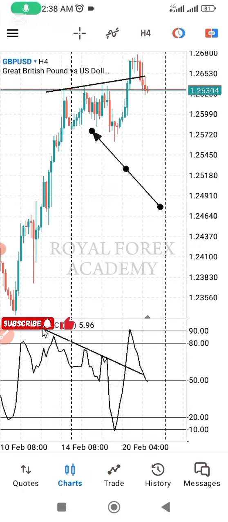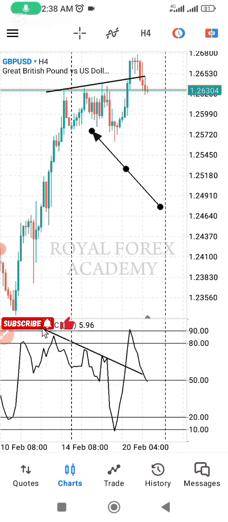So we'll be using our divergence on a particular time frame. What is this time frame? With our strategy, we make our entry either on a 1 hour time frame, 30-minute time frame, 15-minute time frame, or down to 5-minute time frame, depending on what suits you.